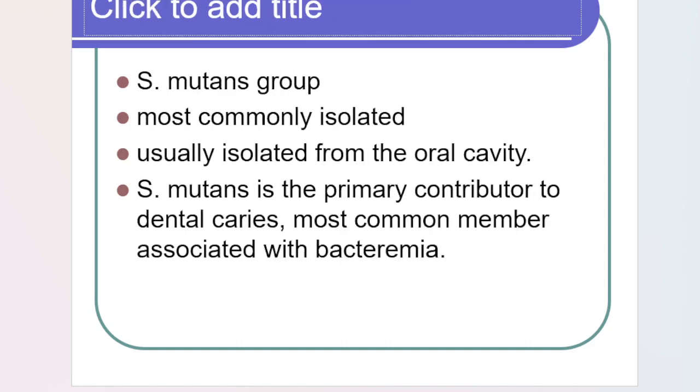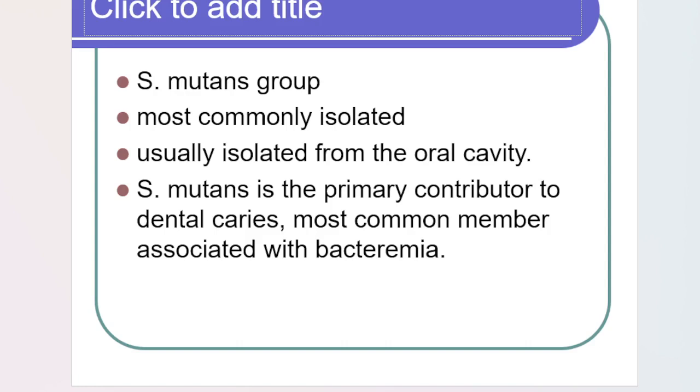Si mutans naman are commonly isolated and they are normal flora of the oral cavity. So, they are primary contributors to dental caries. They are the most common viridans member associated with bacteremia.